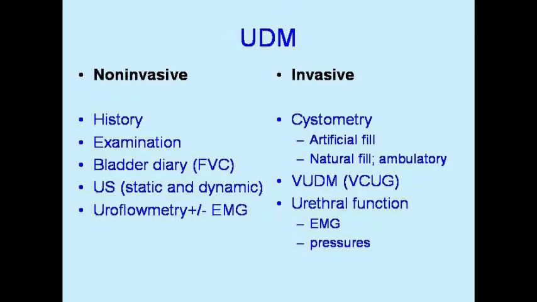Many of our patients would have had the non-invasive investigations by the time we are managing them, and this consists of history, physical examination, a simple frequency volume chart recording fluid intake and voided volumes, along with a focused renal tract ultrasound scan. If facilities are available, the dynamic scan gives further information, uroflowmetry along with EMG with surface electrodes.